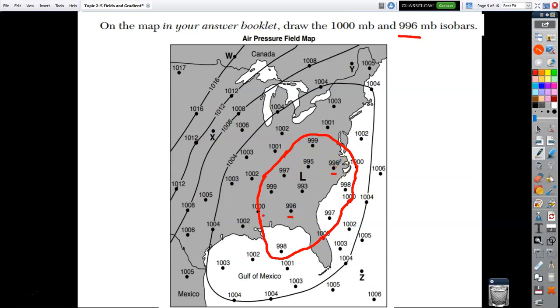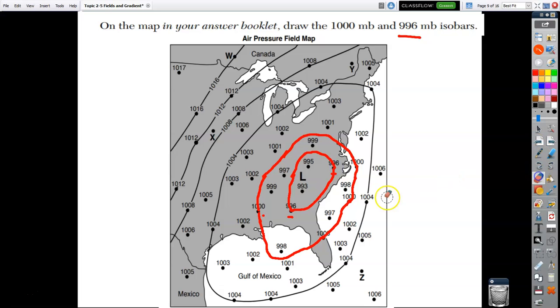So I'm going to start with this one, right? This is 993, so this is pretty simple. I'm going to come around, hit this one. I'm coming up here. This is 997, 993, so I'm going in between them. This is 995, 999. I go around the 995. And then I come back over to my 996.